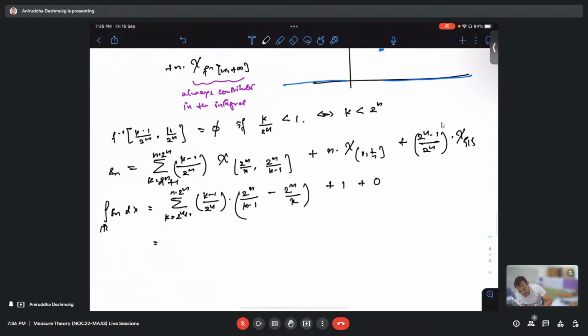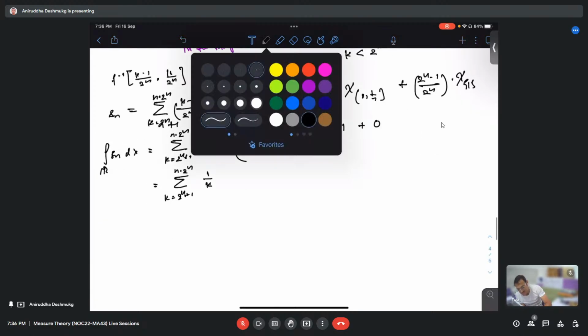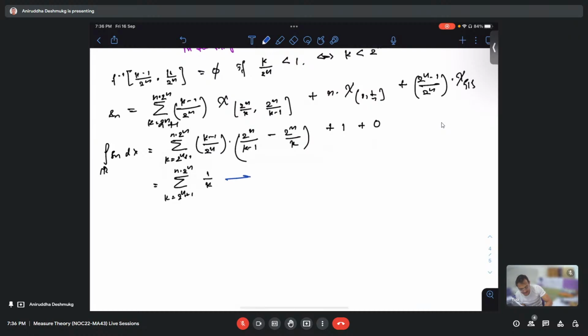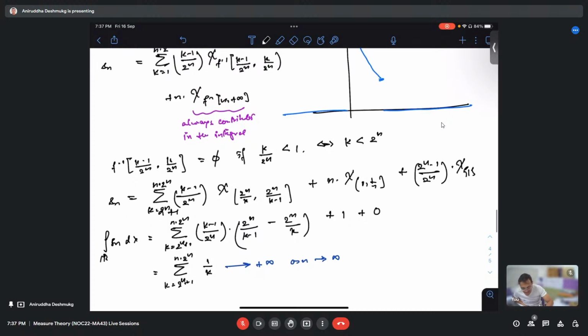And again, this turns out to be exactly the same thing. So this is 1 over k, and it is still divergent, because it's the harmonic series, right? Yes, it is still divergent as n goes to infinity. So no matter how we truncate this 1 by x, towards the right or towards 0, this is not an L1 function.